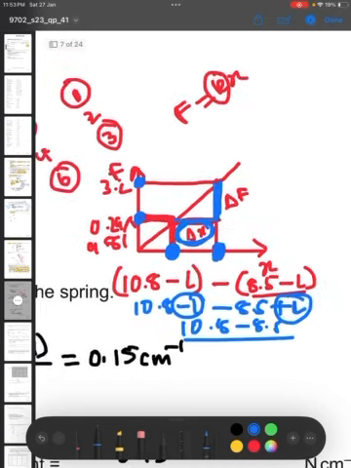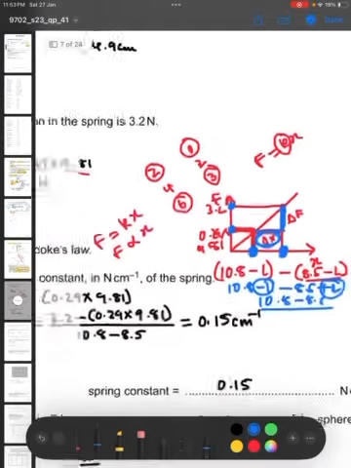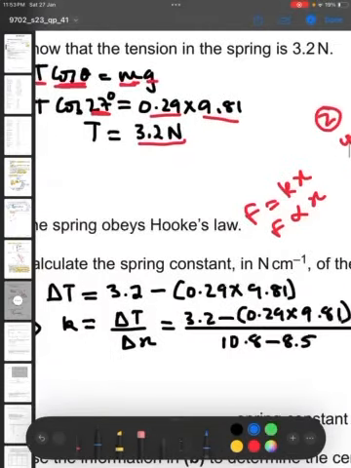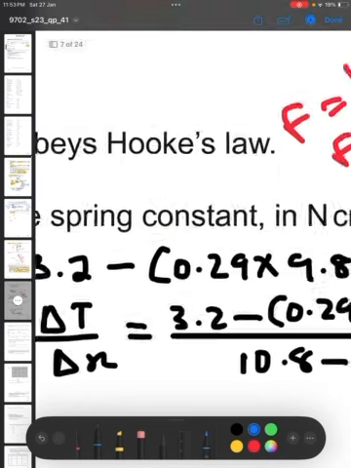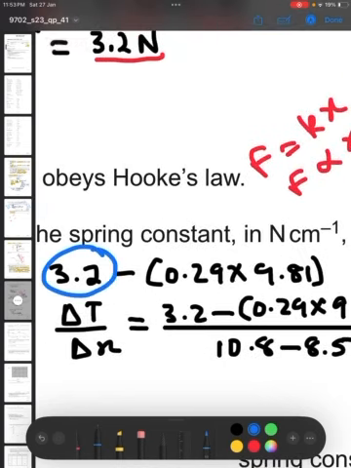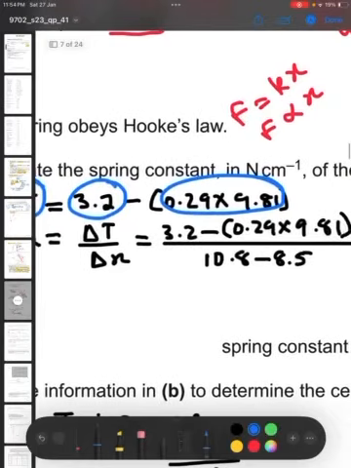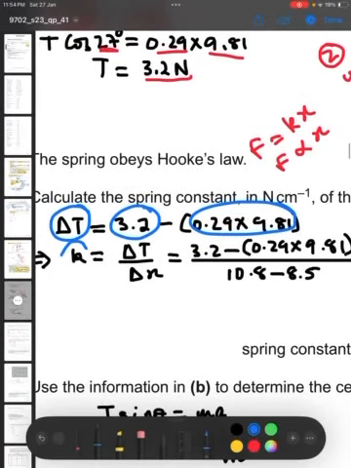So I want you to not be mistaken when we actually do it. The first one now, I'm finding my delta F. Of course, I call it delta T because it's a tension in the spring, but it's just the delta F anyway. It's 3.2, the new force, minus the old force, 0.29 times 9.81. Then I have already said here, spring constant is equal to the gradient of that graph, delta T over delta x.